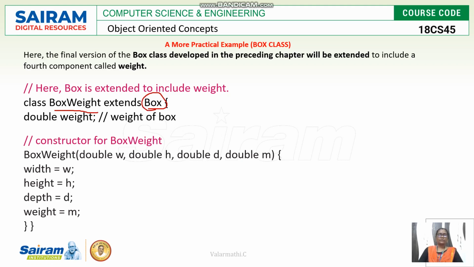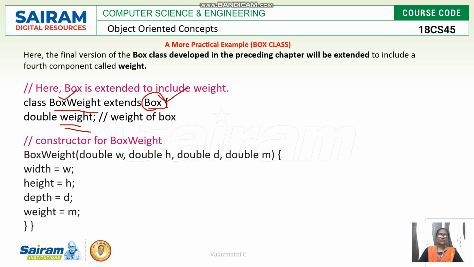So whenever I want to scale a class, I can just use the concept of inheritance and extend my superclass. Instead of rewriting the superclass and making it more complicated, I can go with an extended class. Here, BoxWeight is a subclass which extends the superclass Box, and one more dimension, weight, is also declared.